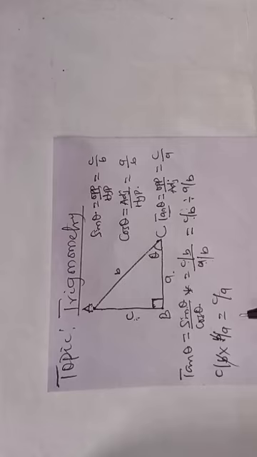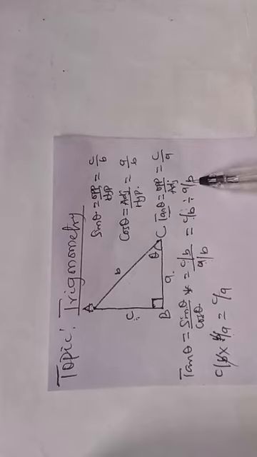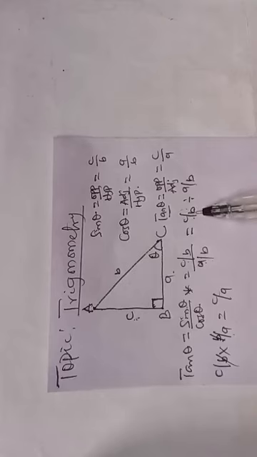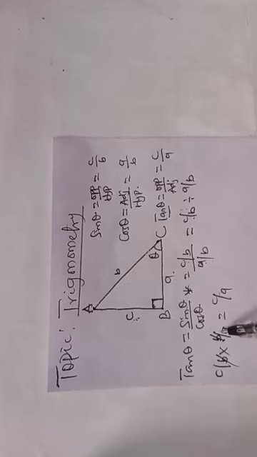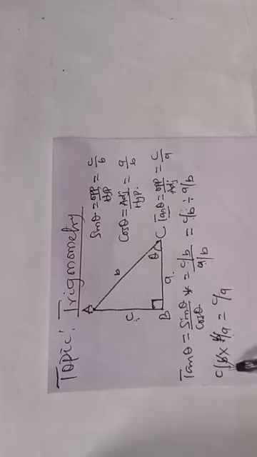Pardon me, please. This is what I just worked on, from here to here. To divide this with this is the same as multiplying this with the inverse of this. The inverse of A over B is B over A. So we multiply by the inverse, B over A. When B cancels out B, I'm left with C over A, and C over A is equal to tan theta.